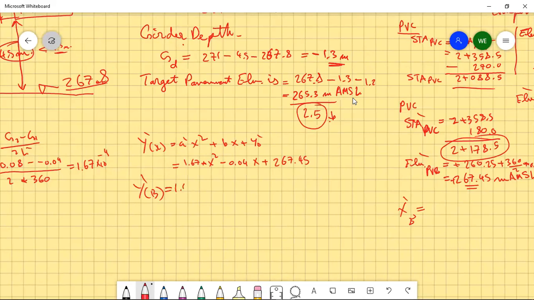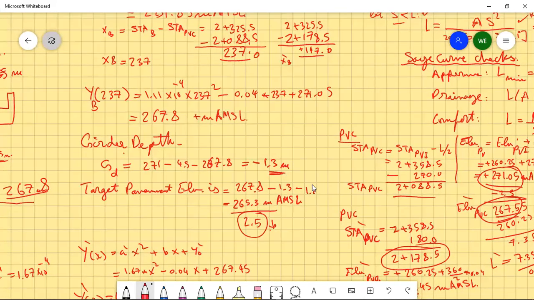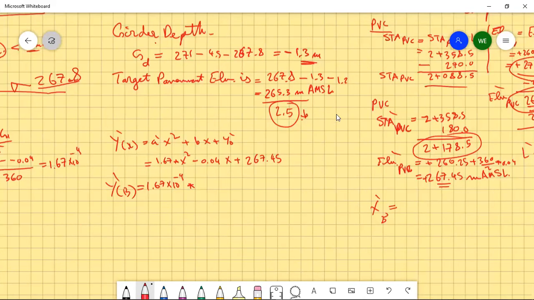So let's substitute and see if we will be able to achieve safe elevation at this point. So here we have 1.67 multiply 10 to the power minus 4 multiply 147 square minus 0.04 multiply 147 plus 267.45.